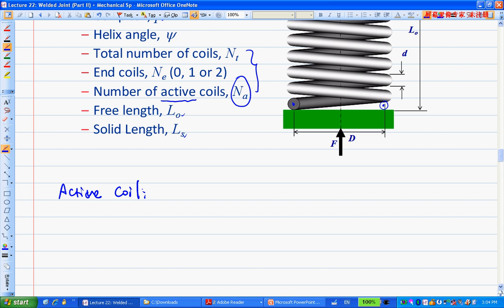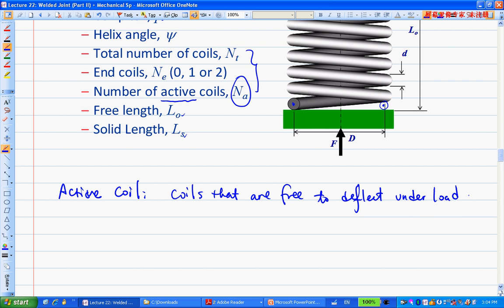So an active coil, I'll write it here, is a coil that is free to deflect under load. That's the active coil. Basically, the active coil is the coil that makes a spring.